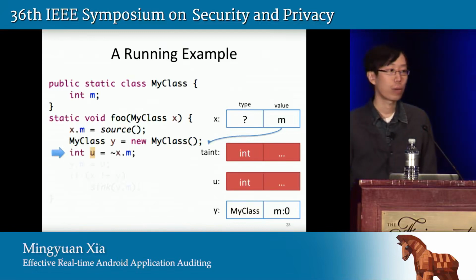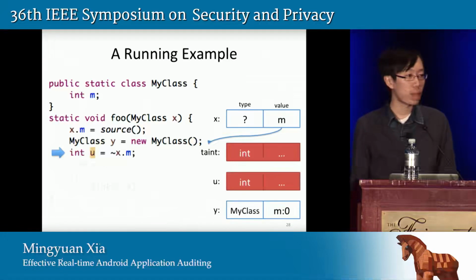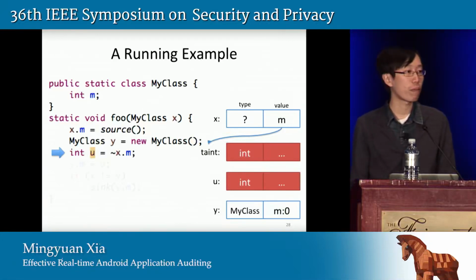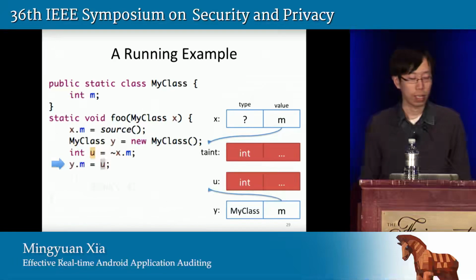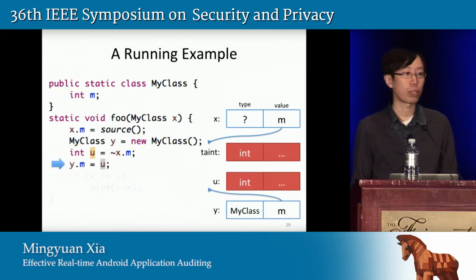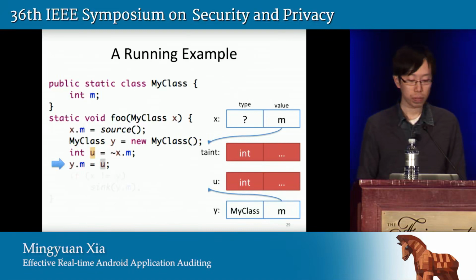Then we derive u from x.m to generate a new object. u is derived from a tainted object, so it's still tainted. Next, it's assigned to y.m. Now the y object, which is a known object, has its m pointing to u.